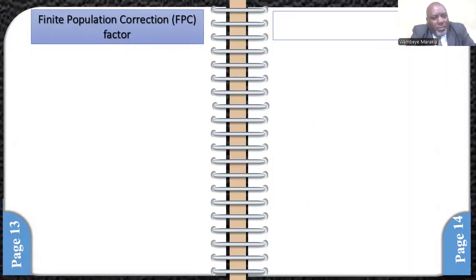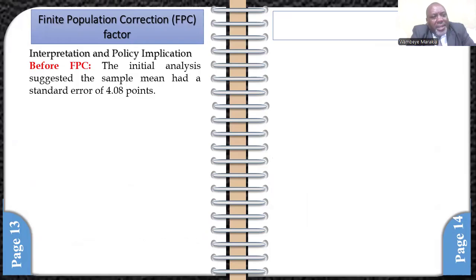We move on and look at the interpretation of this for policymakers or policy implementers. Before FPC, the initial analysis suggested that the sample mean had a standard error of 4.08.